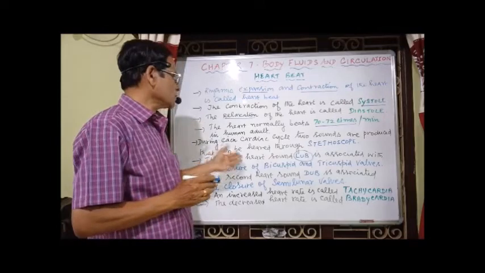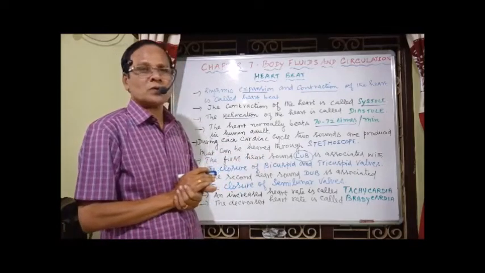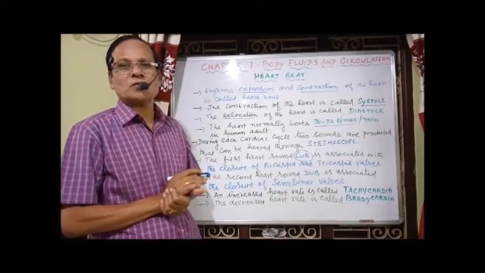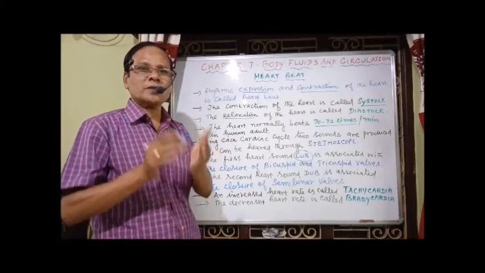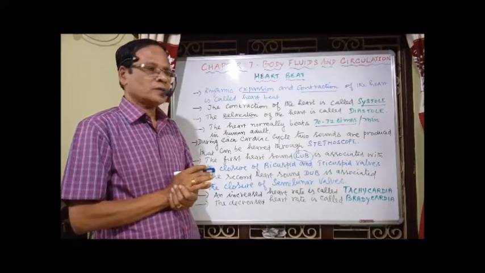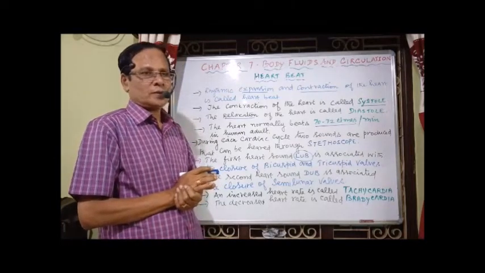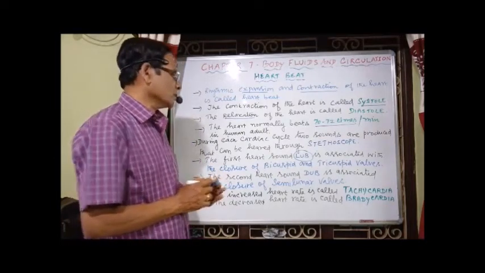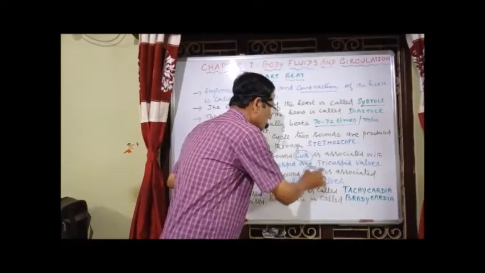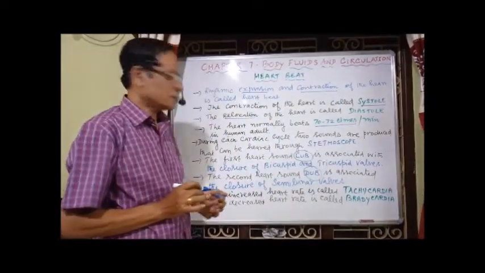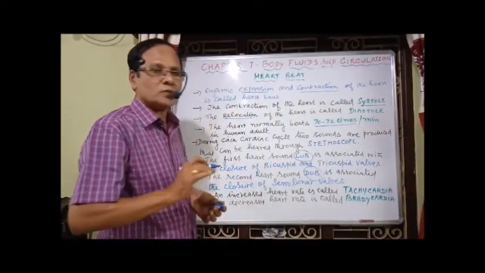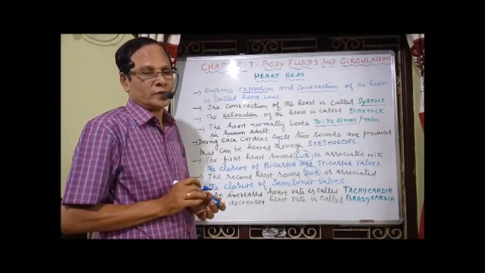The first sound, lub, is associated with the closure of the atrioventricular valves, namely the bicuspid and tricuspid valves. It is of longer duration, but not sharp. The second sound, dub, is associated with the closure of the semilunar valves, during the contraction of the ventricles.